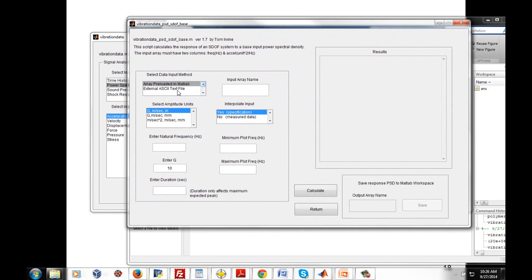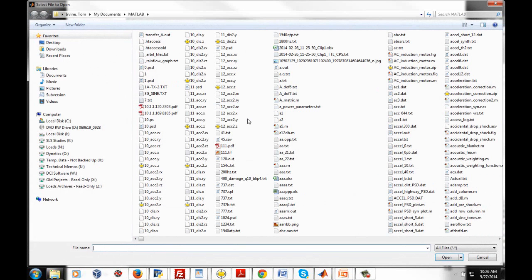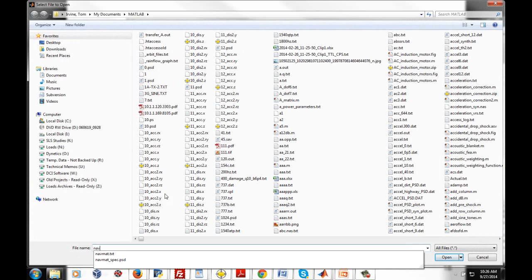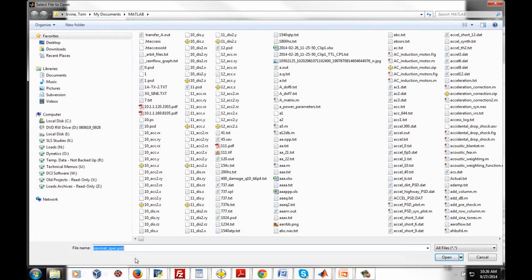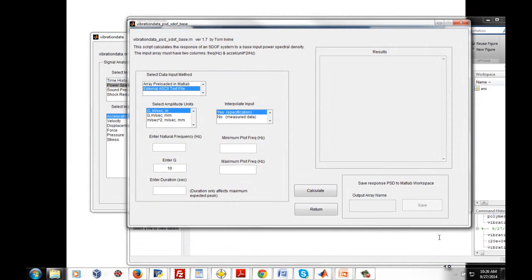We're going to say that our input is the NavMat base input. We've worked with this NavMat spec several different times, and it actually has a plateau that is 0.04 G squared per hertz. So that can tie in nicely with the exercise we've already been working on today.